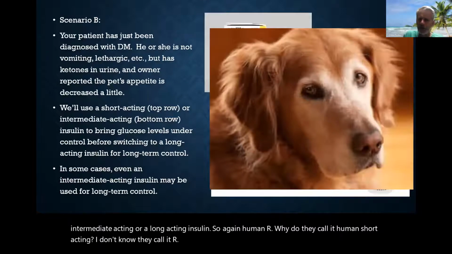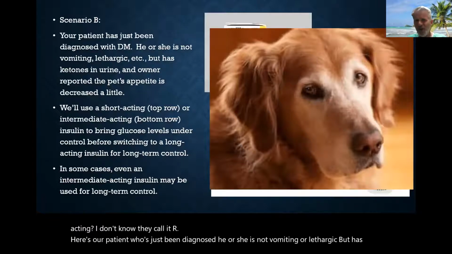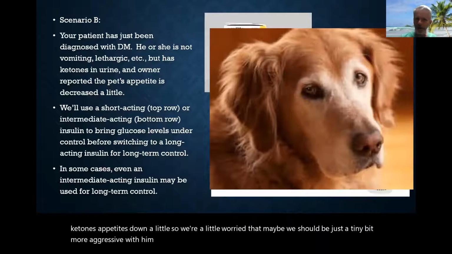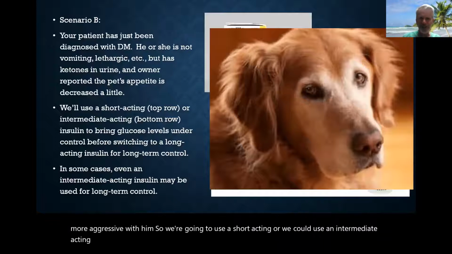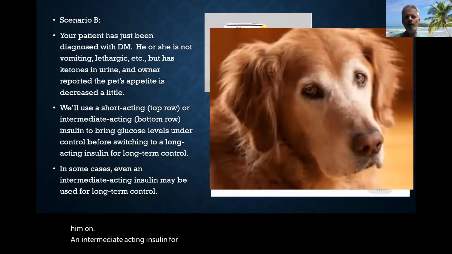Here's our patient who's just been diagnosed. He or she is not vomiting or lethargic, but has ketones, appetite's down a little. So we're a little worried that maybe we should be just a tiny bit more aggressive with him. So we could use a short-acting, or we could use an intermediate-acting insulin to bring his levels down a little faster. And then we could keep him on an intermediate-acting insulin for long-term control, or we might put him on a long-acting insulin.